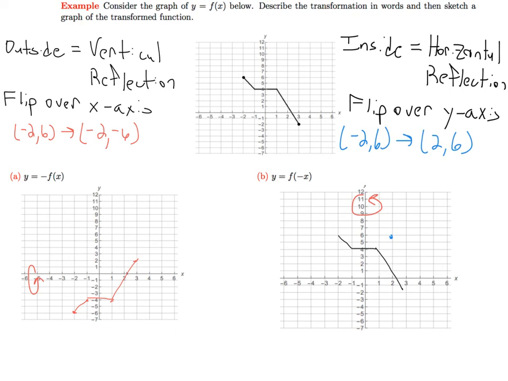So it gets flipped over. And the point that was at 1, 4, these two swap places. It gets reflected over and it winds up at minus 1, 4. And then finally, this point at 3, minus 2, it winds up at minus 3, minus 2 over here.